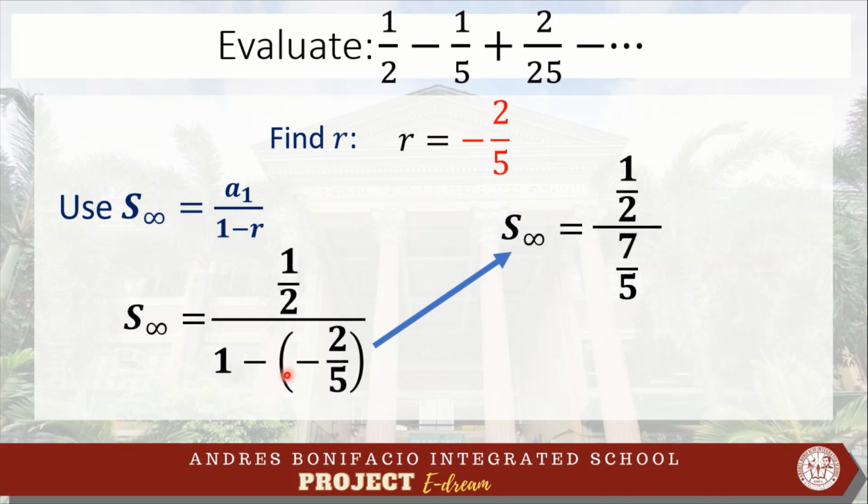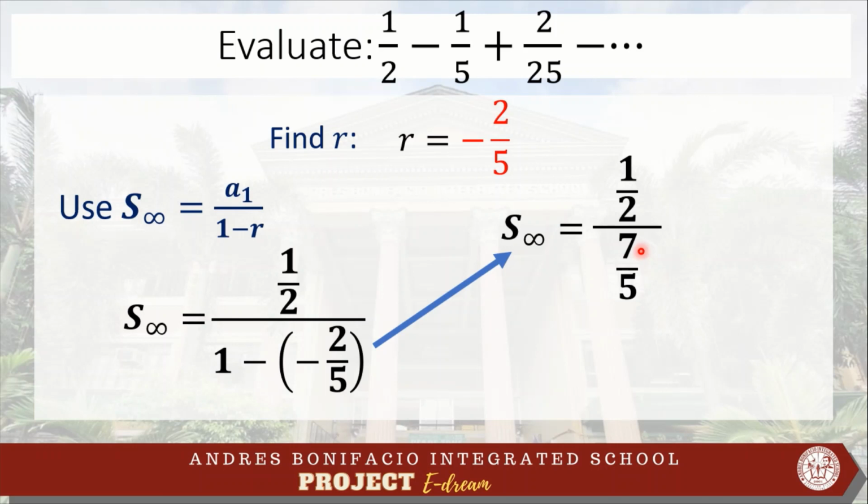So that becomes 1 plus 2/5, and that is 1 and 2/5. So we have to express that as an improper fraction. So we copy 5, the denominator. Then 5 times 1 is 5 plus 2, that is 7. So we have 1/2 divided by 7/5.